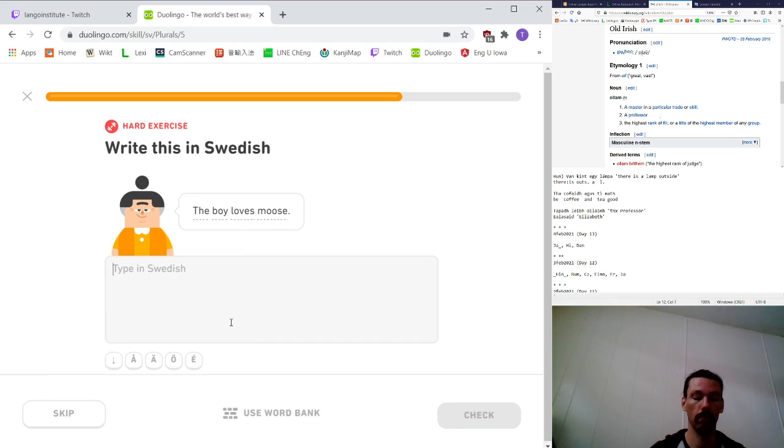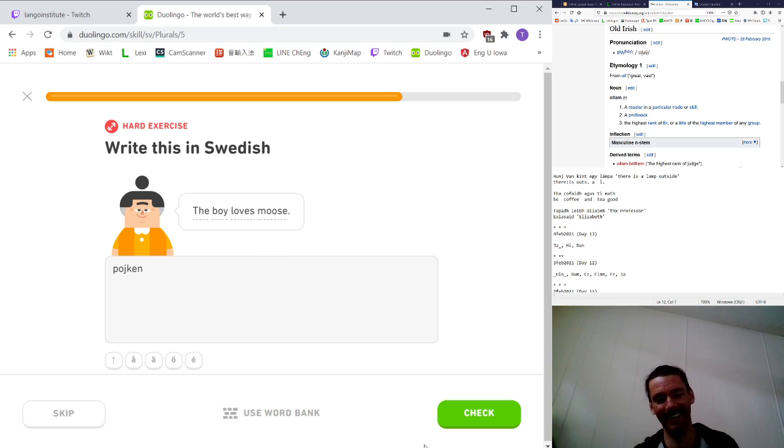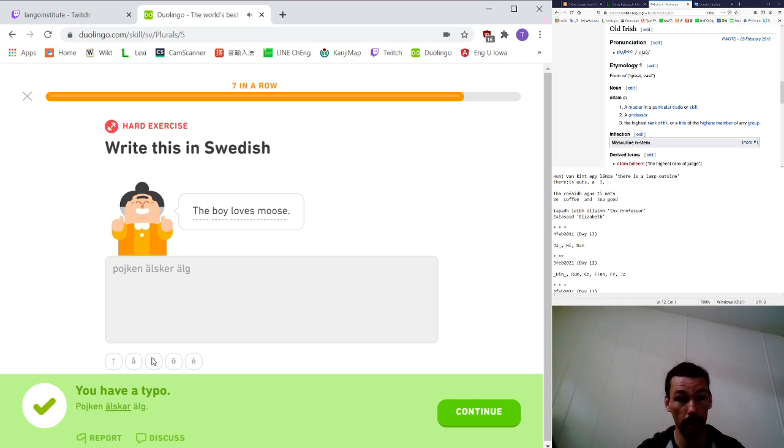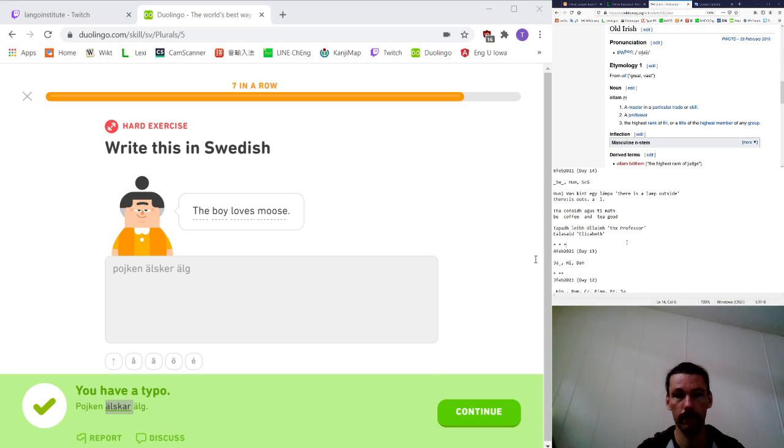The boy singular, pojken. Älskar loves moose. This is not the most excellent English sentence that we're given. Älg, I will just say. I'm going to mirror that. It's probably there for a reason. Älskar, yeah, okay. Let's go ahead and copy that. Swedish.